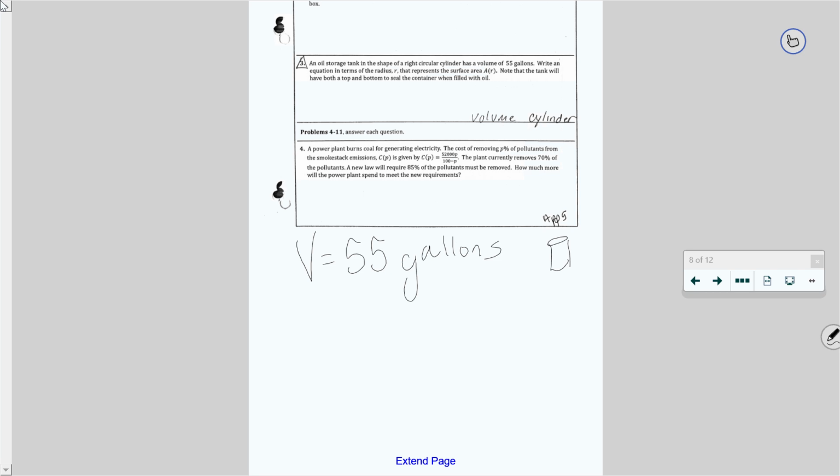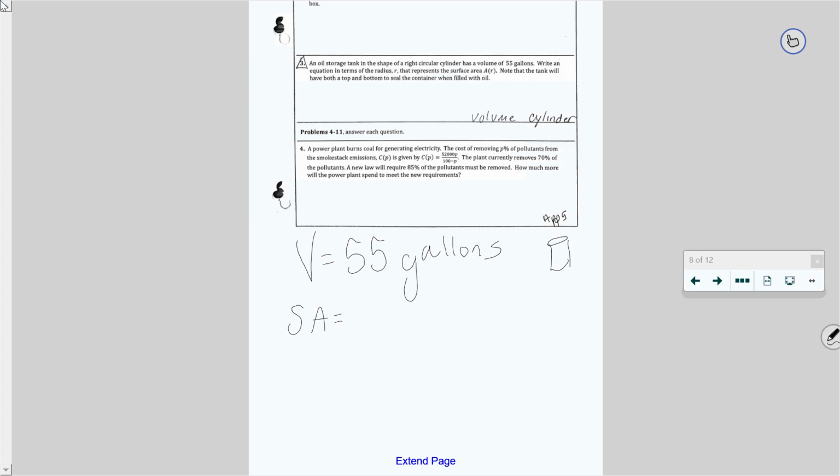Write an equation in terms of the radius that represents the surface area. Note that the tank will have both a top and a bottom to seal it. Okay? So maybe you don't remember surface area of a cylinder. If you do think of the wraparound and you cut it, that's just a rectangle, right?